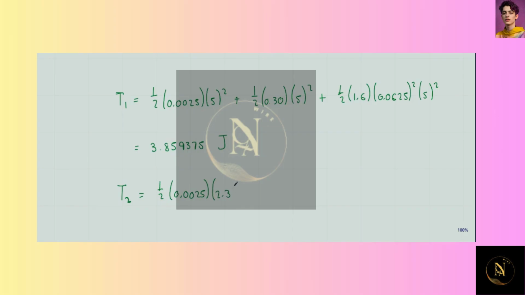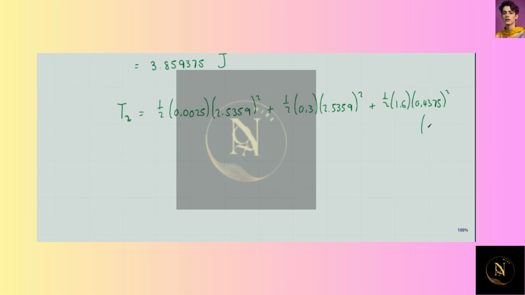We calculated omega 2 above in part A. So this is 2.5359 squared plus a half into I_DCE, which is 0.3, multiplied by 2.5359 squared, plus a half into 1.6 times 0.4375 squared times omega 2, which is 2.5359 squared.